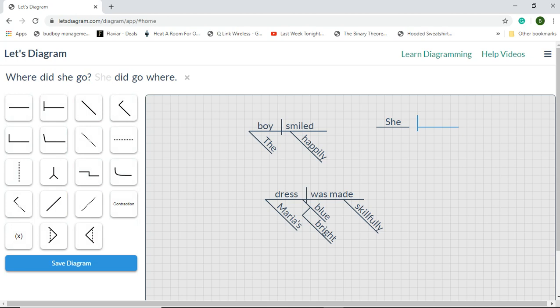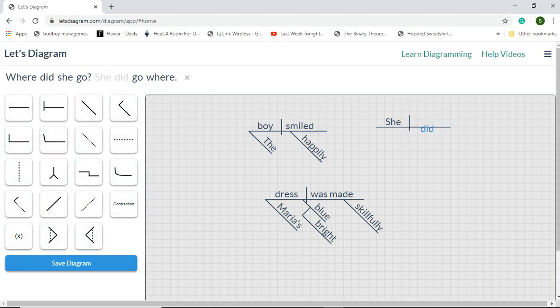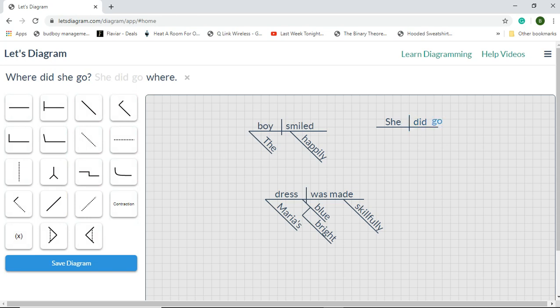She is our subject. We have a helping verb, which is did. So remember to memorize those helping verbs because they'll help. And the main verb is go. Did go is our verb phrase. So put it right up there. It acts as one verb. Did go. And where is an adverb and it answers the question where.